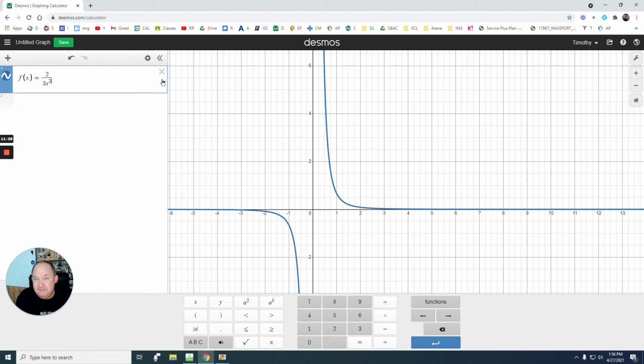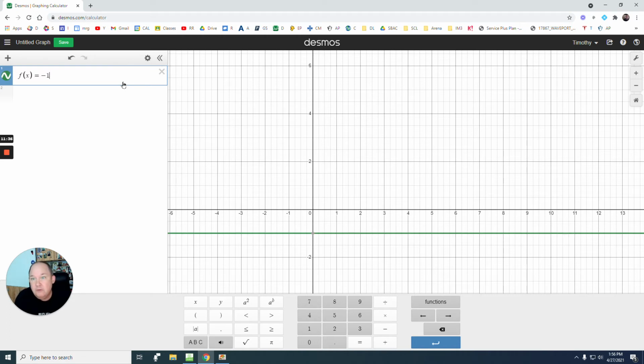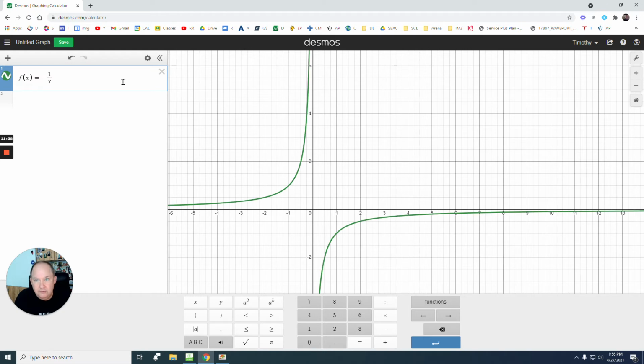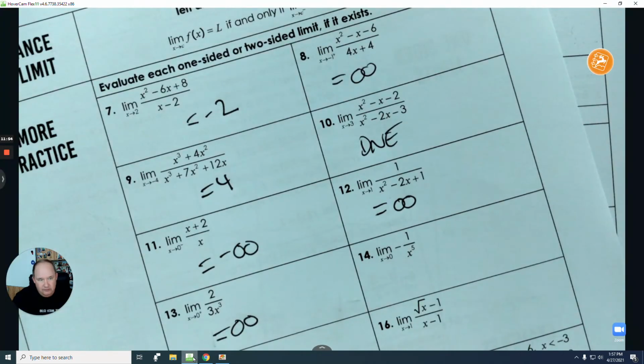The next one is negative over x to the 5th. So at 0, one side goes up and the other side goes down. So infinity and negative infinity, they don't agree at 0. They're going in two different directions. So the limit doesn't exist.